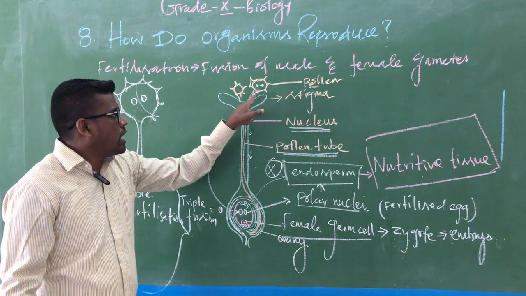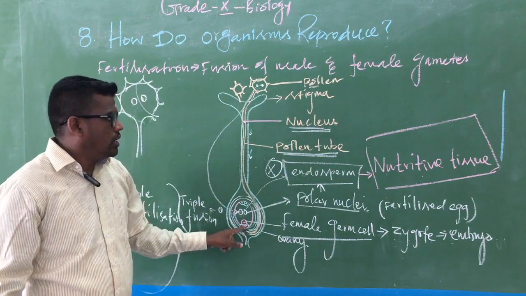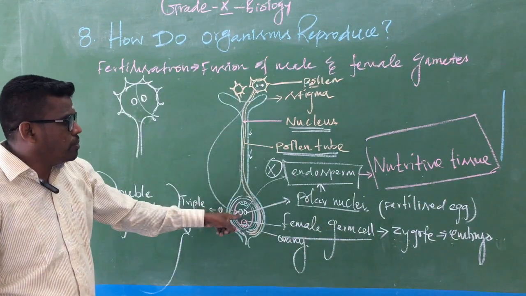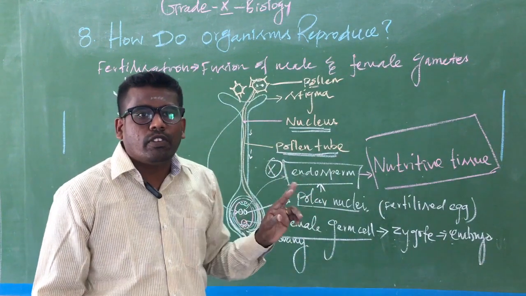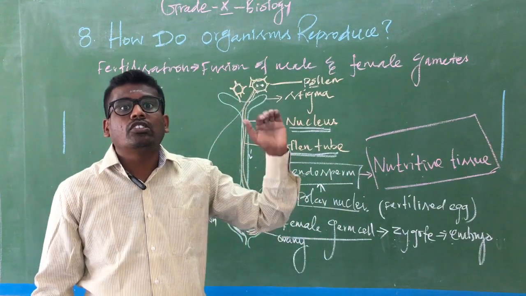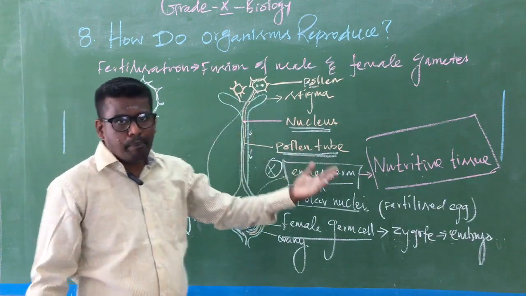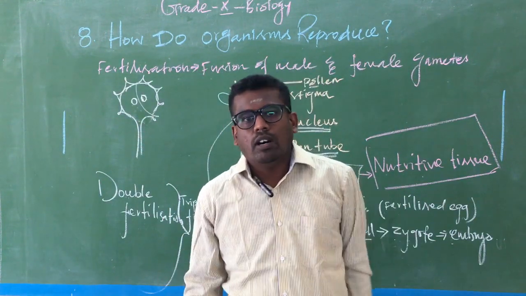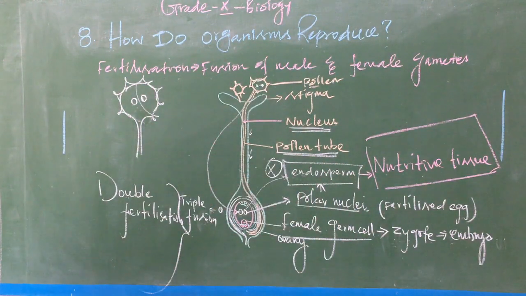One nucleus travels through the pollen tube, reaches the germ cell and develops into the zygote and embryo. Another nucleus fuses with the polar nuclei and forms the triple fusion. These two types of fertilization are called double fertilization. It is common in angiosperms. These things happen after the transfer of pollen grains to the stigma. So this is how fertilization happens.